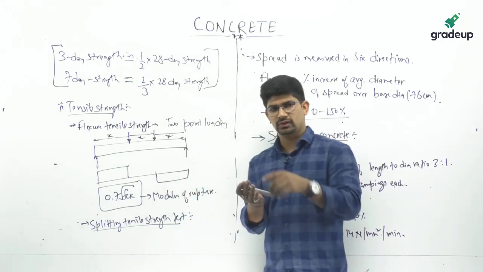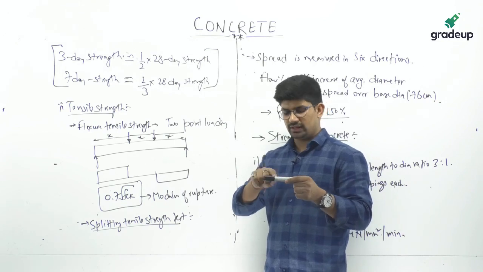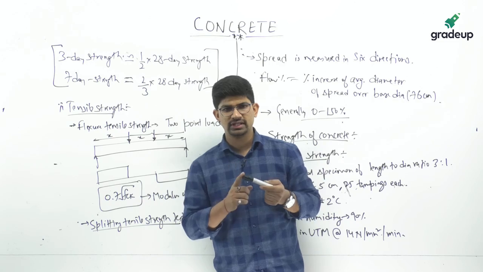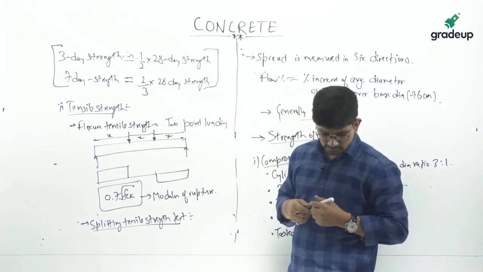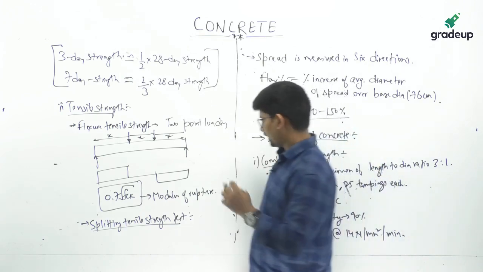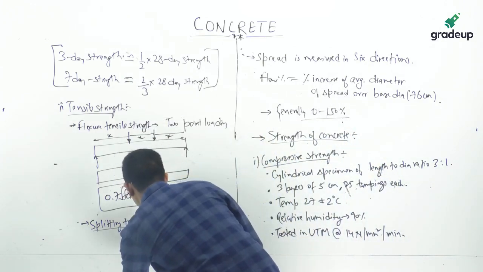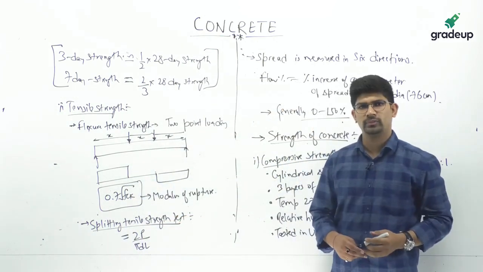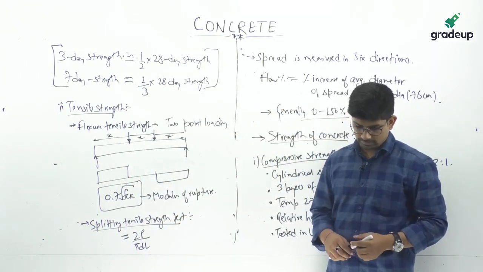Okay. So along this length it is having compression, but in this cross section it is in tension. Okay. So that will give the splitting tensile strength, and the formula associated with this strength is 2P upon pi DL. Okay.